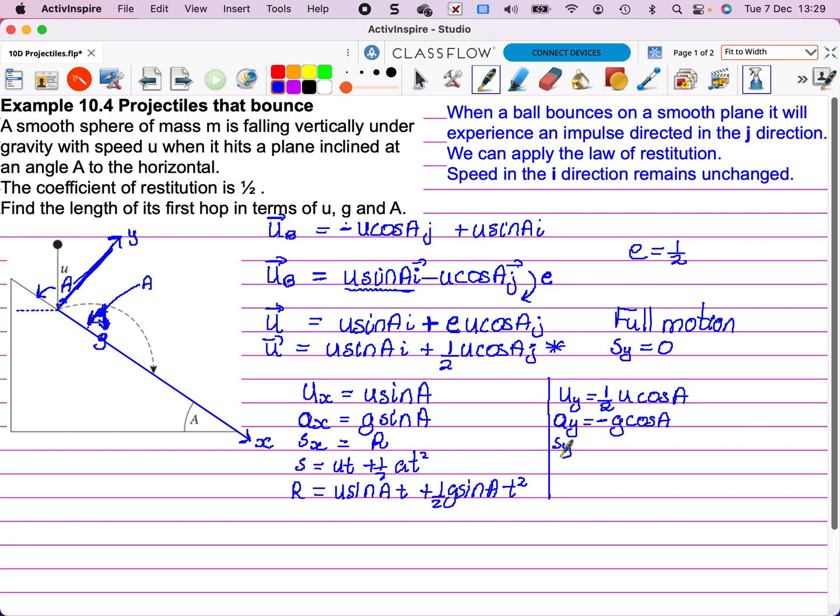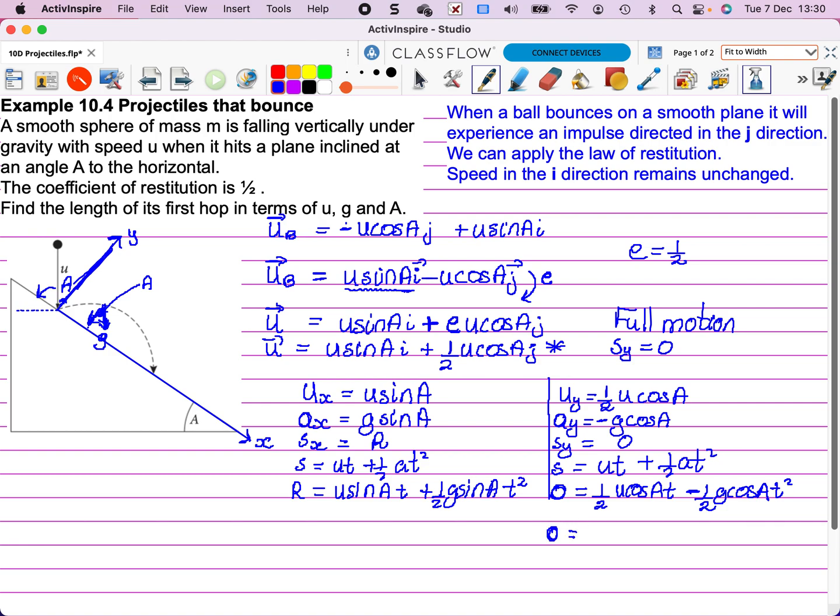The s in the y direction will be equal to 0, and we're going to be using s equals ut plus 1/2 at squared in order to find the value of t. Sub in what we know: 0 is equal to 1/2 u cos A times t minus 1/2 g cos A times t squared.